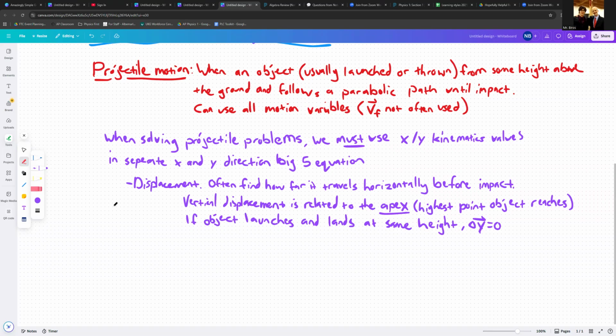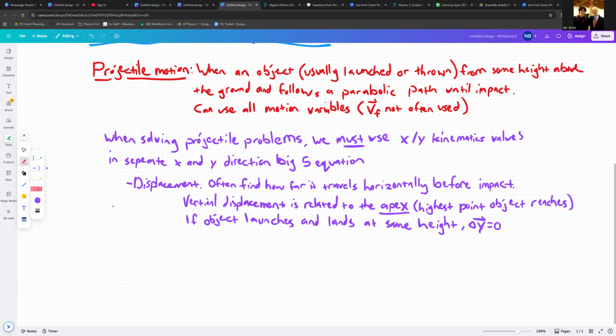The only thing displacement measures is the difference between your starting and ending position. And vertically, there is no difference if you launch from the ground and land back on the ground. So anything that launches and lands at the same height has a vertical displacement of 0. That's very handy for a lot of equations when we're solving with Big Five.